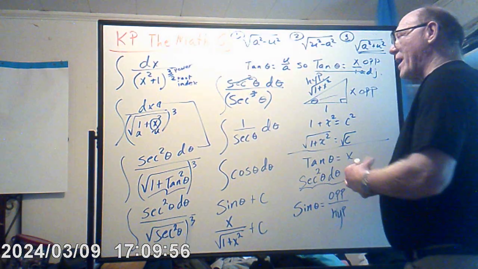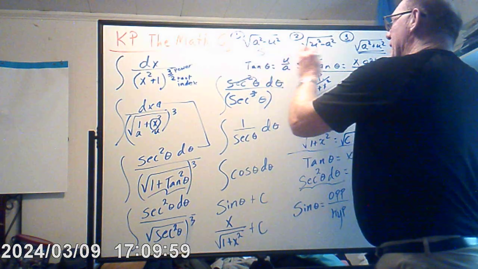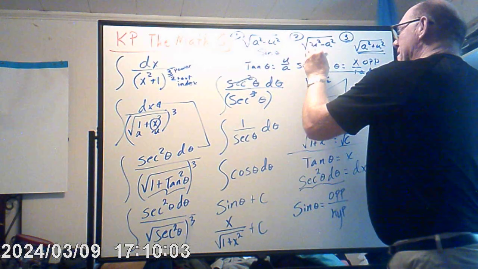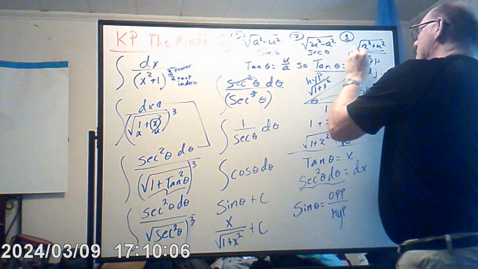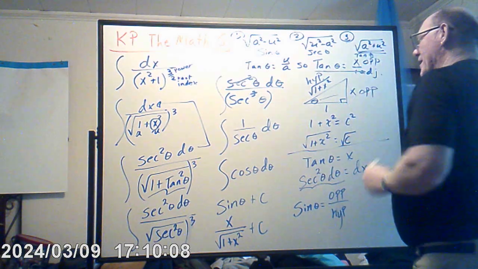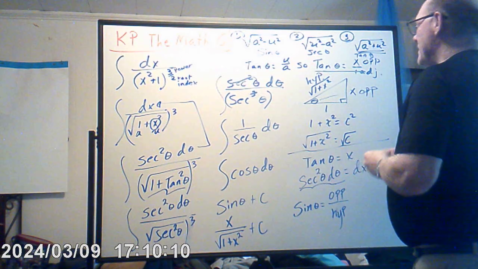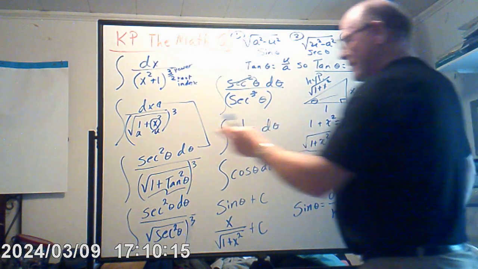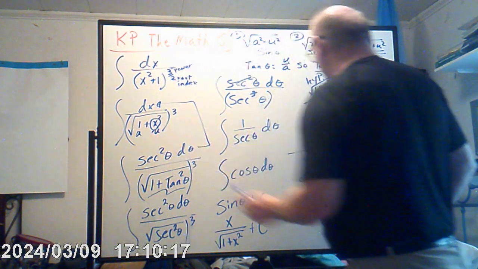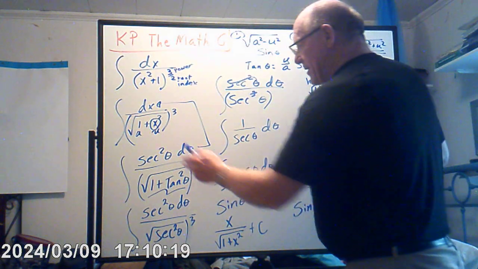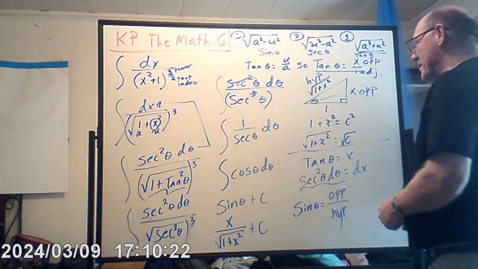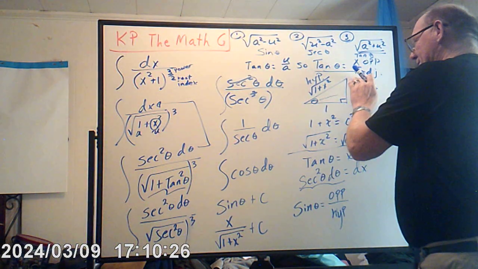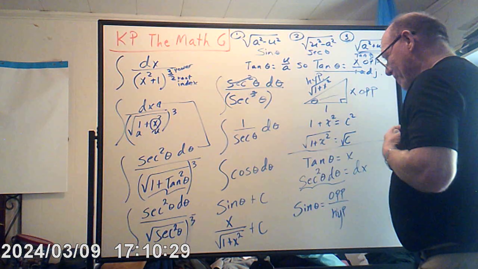Remember, this is sine theta, secant theta, tangent theta. So tangent is, in this case, x. Always take the u to be the x, and the a is going to be the number. So since it's u over a, it's x over 1, which is just x.